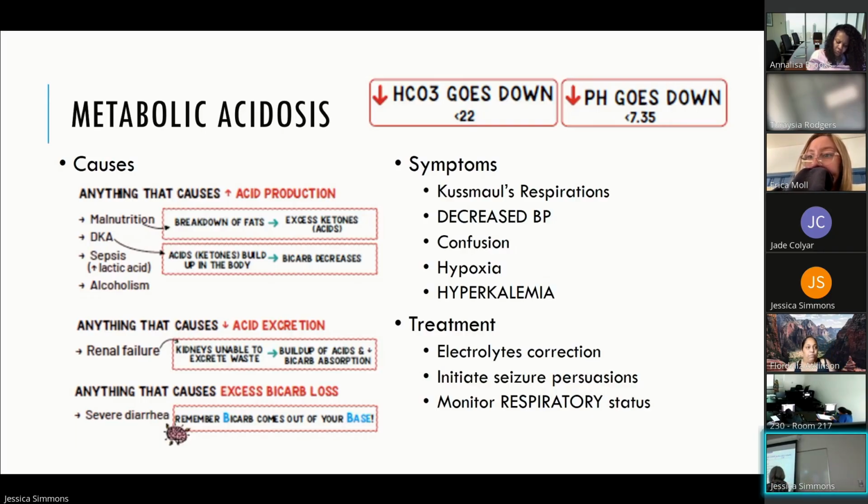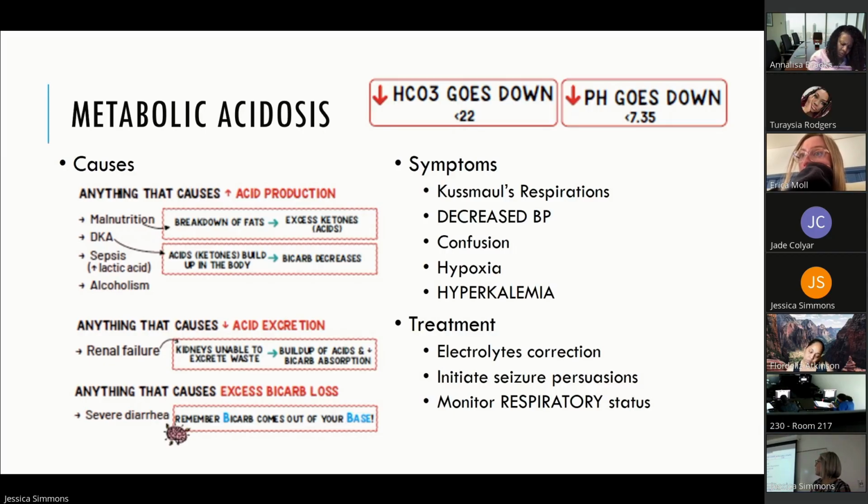And the acids are just building up, and the bicarb cannot compensate. And then also anything that causes excessive bicarb loss, which could be severe diarrhea. And it says, remember, bicarb comes out of your base. Base, meaning butt.